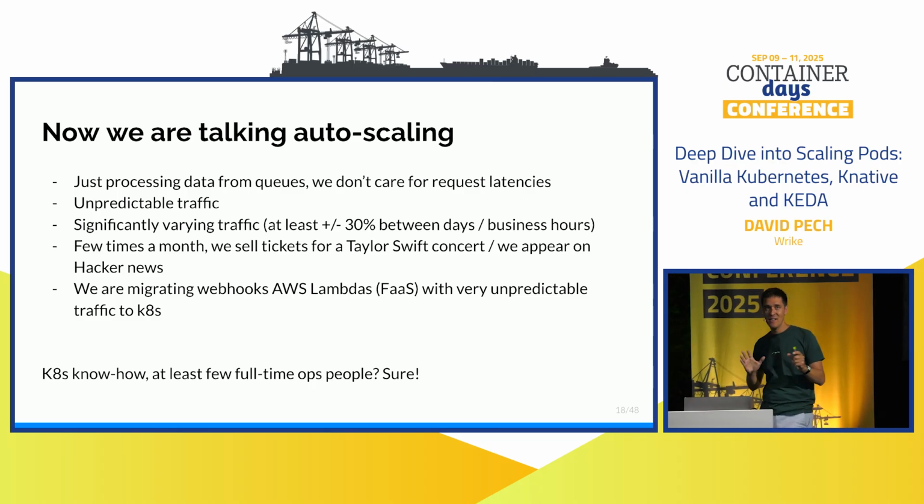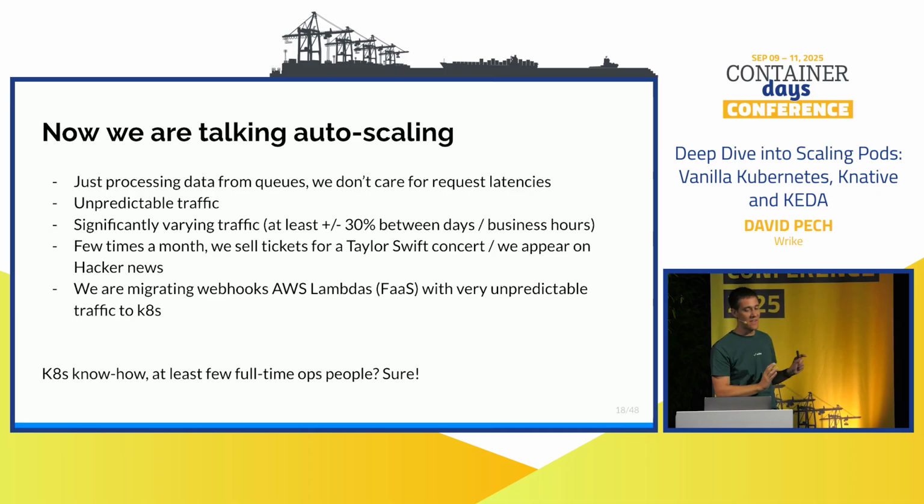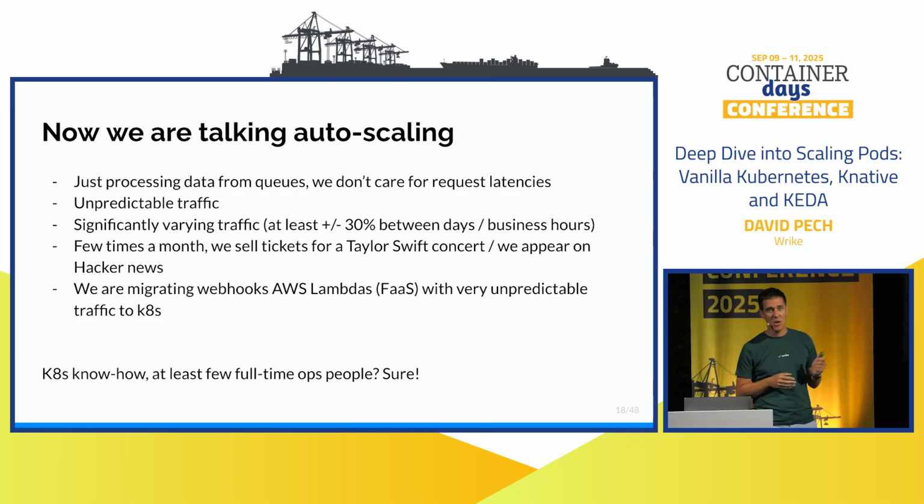And if you are not there, maybe there are some others, but really you need to understand the scale of the thing. So if you are processing queues and you don't care about the latencies, yeah, let's try autoscaling. If you have unpredictable traffic, again, maybe you have varying traffic, so it's really hard to predict, but there is some variance on it. Okay, at least.